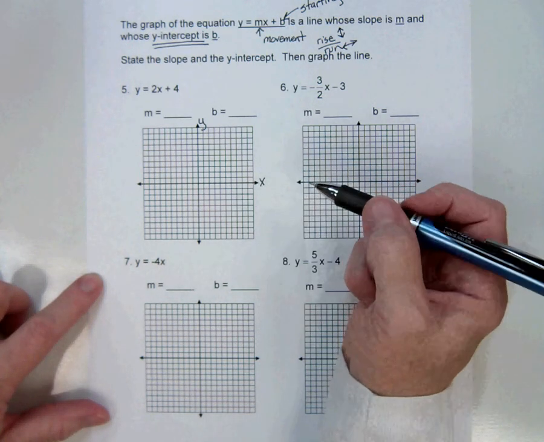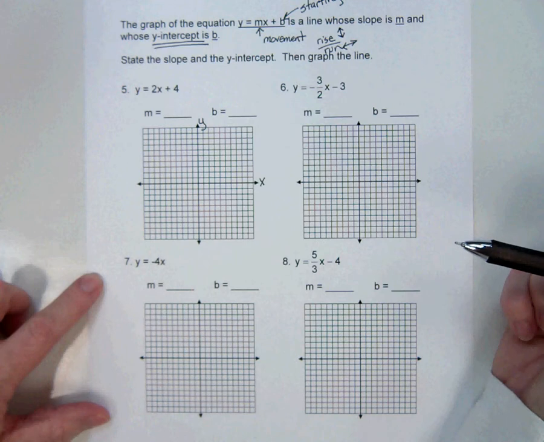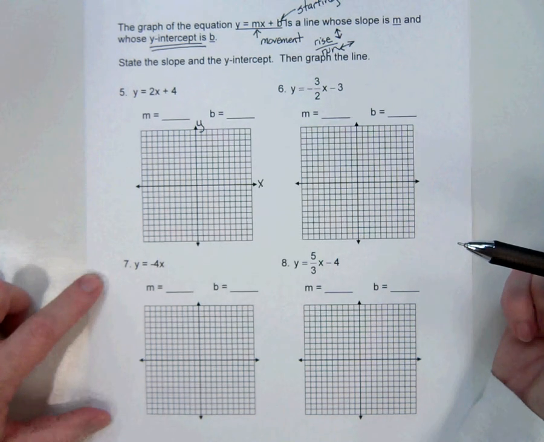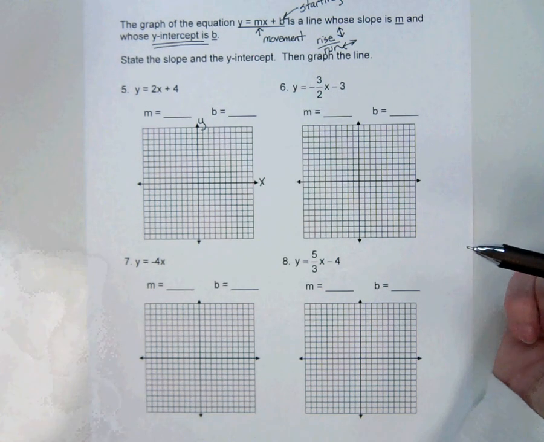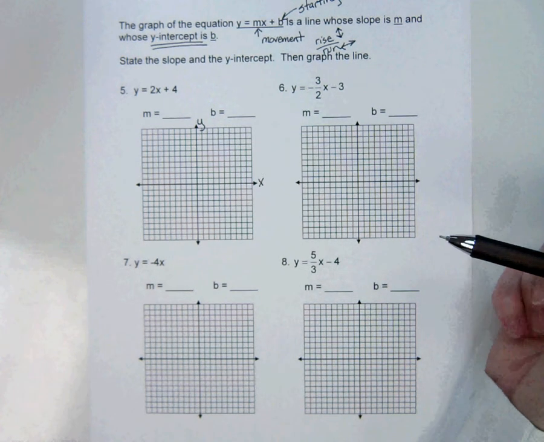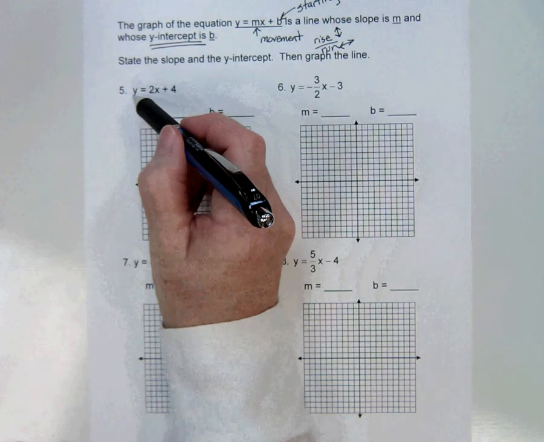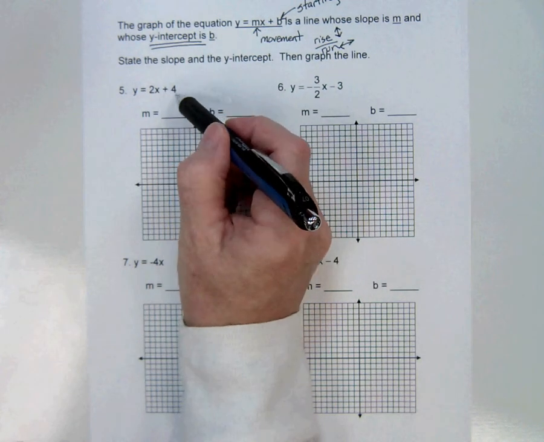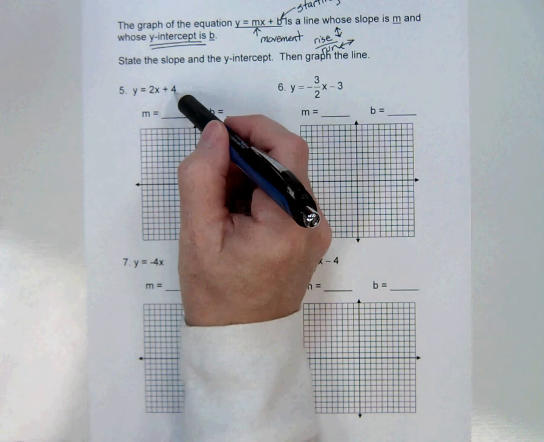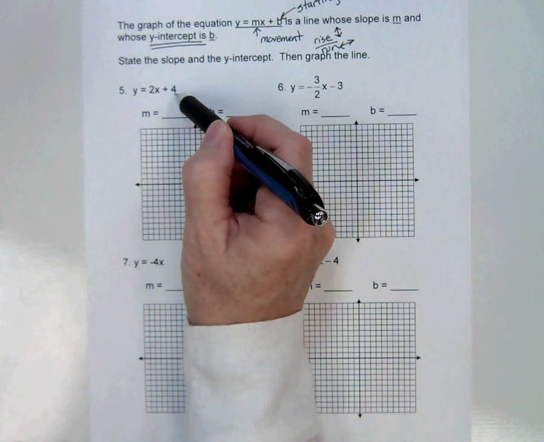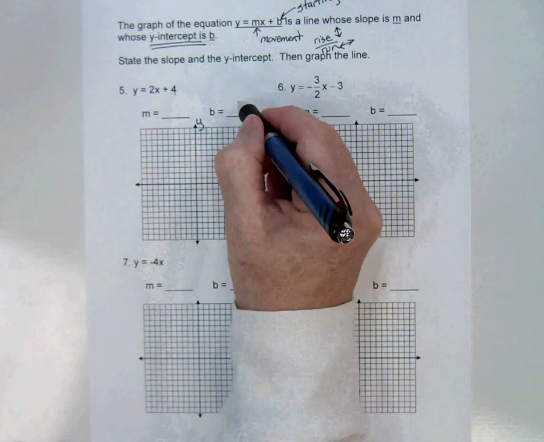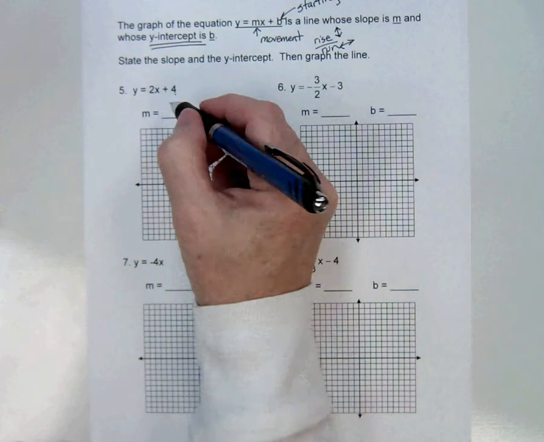Okay, so all of these 5, 6, 7, and 8 are written in y-intercept form of the equation. It's already given to you. If it's in this form of the equation, you didn't have to change it to this form. As long as you've got y equals, your b will always be the last constant. So your b is your 4 here, where your slope is 2.